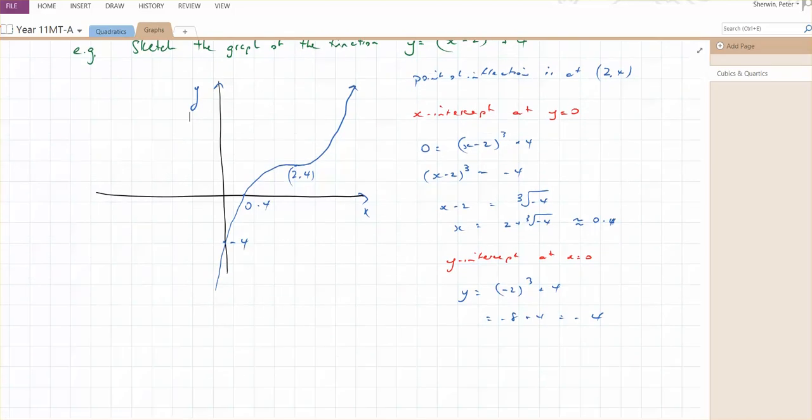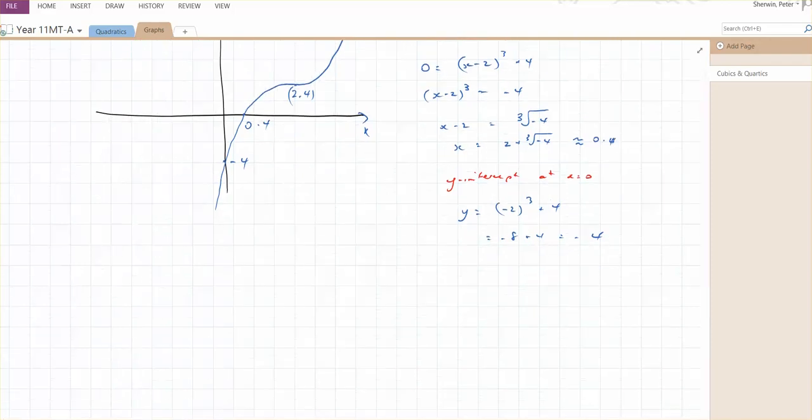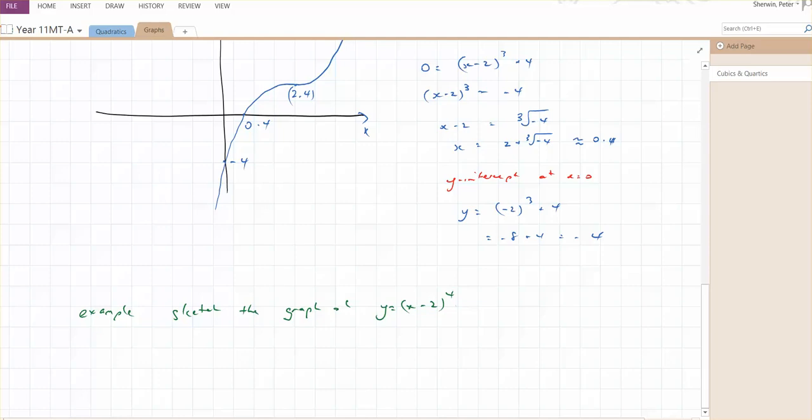Let's have a little look at a quartic, perhaps an example of a quartic. So sketch the graph of y equals x minus 2 to the power of 4 minus 1.